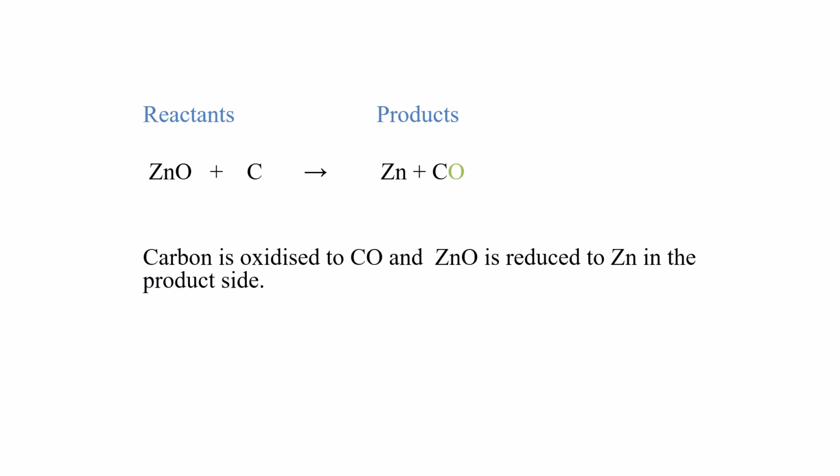Some other examples of redox reactions are when zinc oxide reacts with carbon, it gives zinc and carbon monoxide. In this reaction, carbon is oxidized to carbon monoxide because oxygen is added to carbon, and zinc oxide is reduced to zinc because oxygen is removed from zinc oxide on the product side.